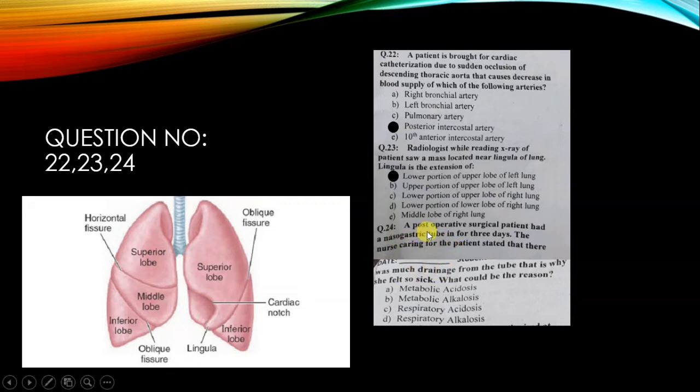Whenever there is drainage from the nasogastric tube, which is most commonly inserted into the stomach, fluid is removed from the stomach, which is highly acidic in pH and contains hydrochloric acid. When there is a loss of acid from the body, it causes alkalosis, with an increase in the concentration of bicarbonate ion, which increases the pH. So it's going to be metabolic alkalosis.